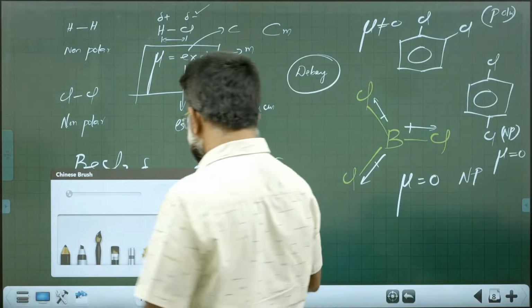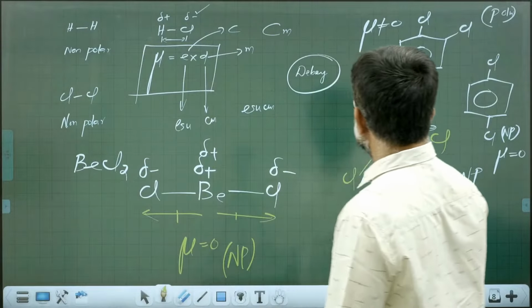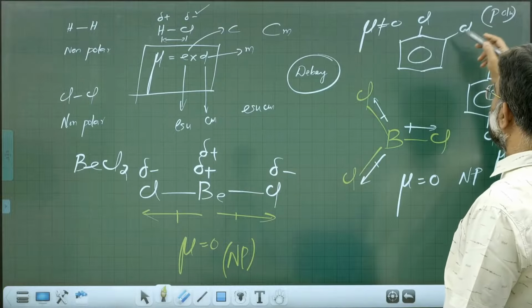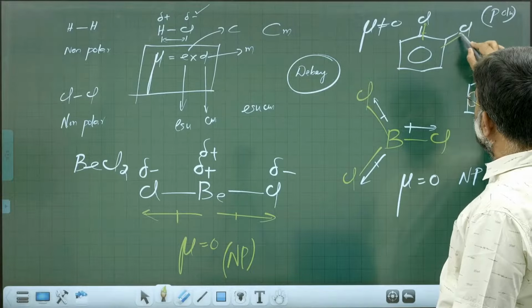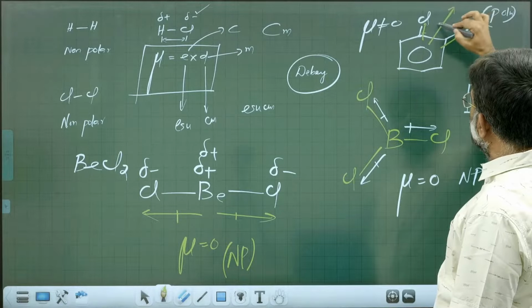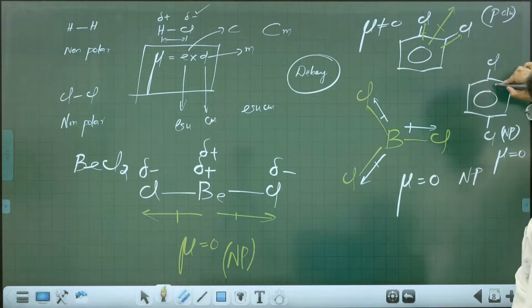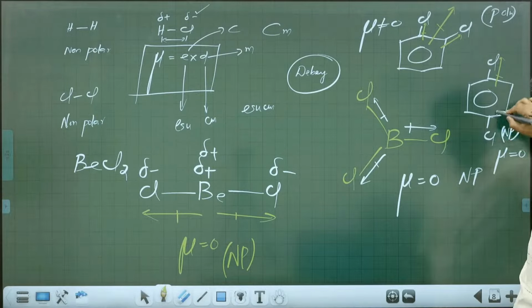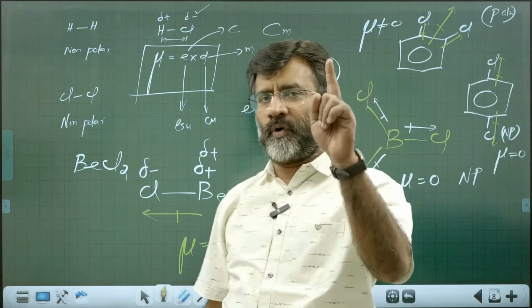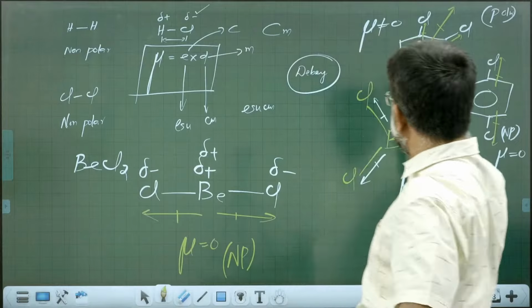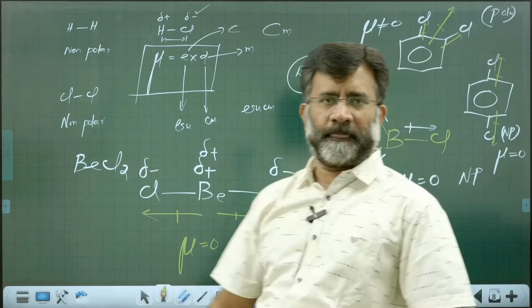It is because of the structural way it is arranged. Here you have a polarity in this direction and a polarity in this direction, and a net polarity in this direction. While here you have a polarity in this direction and an equal polarity in the opposite direction, which are mutually cancelled as they are in the 1,4 opposite positions. Here it is the 1,2 adjacent position. Hope you understand.